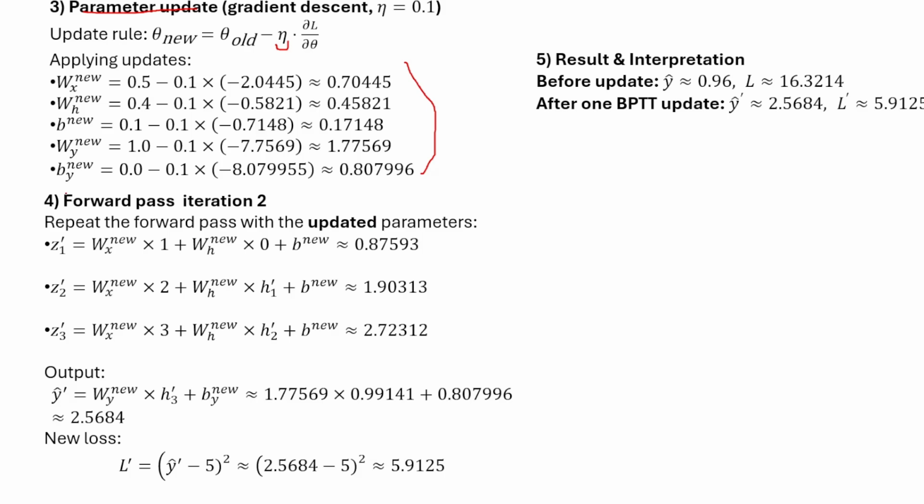If we use them for a second forward pass, the new output would be 2.5684, and remember it was only 0.96. So we are closer to the real value, which is 5, and the loss also decreased by a lot, from 16 to 5. So we are in the right direction.